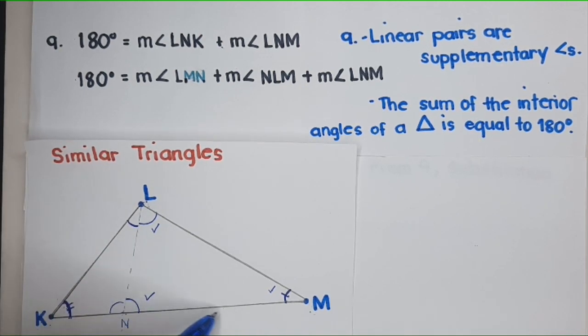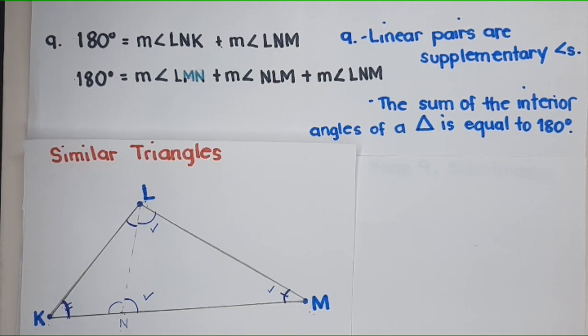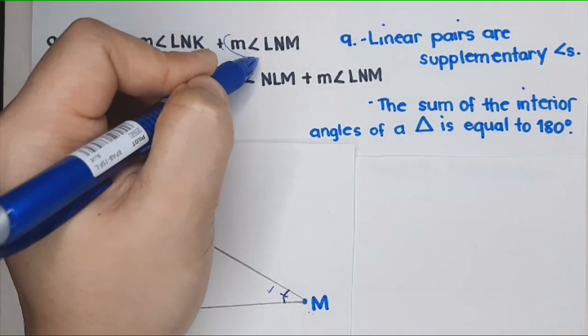The sum of the interior angles of any triangle is always equal to 180 degrees. So these two are both true. They are both equal to 180 degrees. Now, take a look at this.